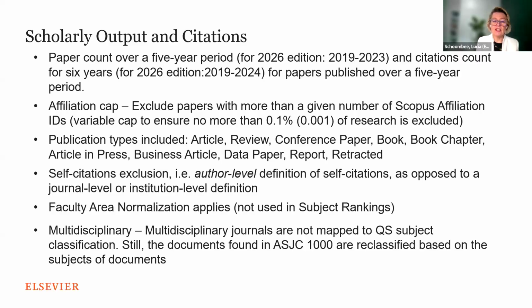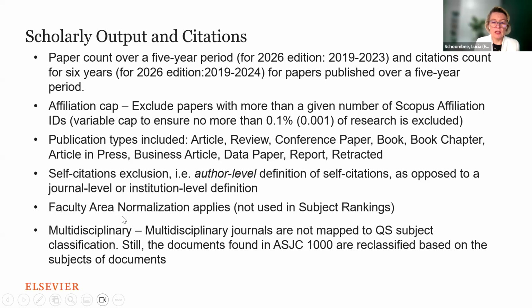So you get self-citations on author level, affiliation level, journal level, but for QS, they use the author level definitions of self-citations, as opposed to the journal or institutional level. So this is just to avoid that researchers manipulate citations by citing their own work.